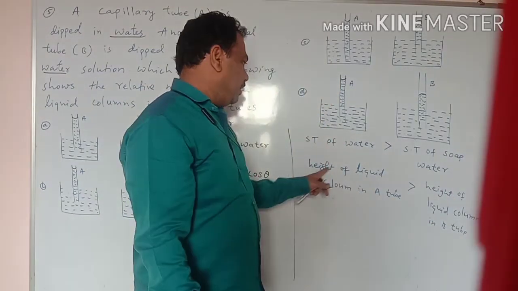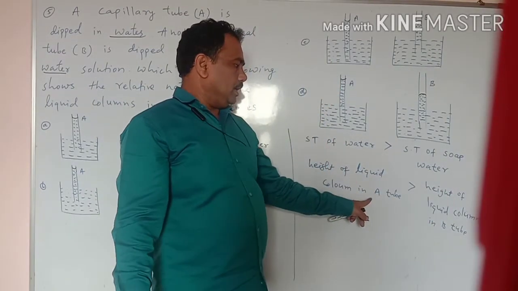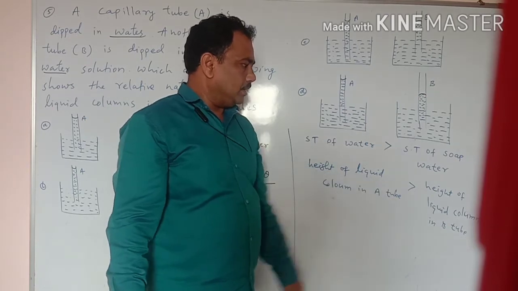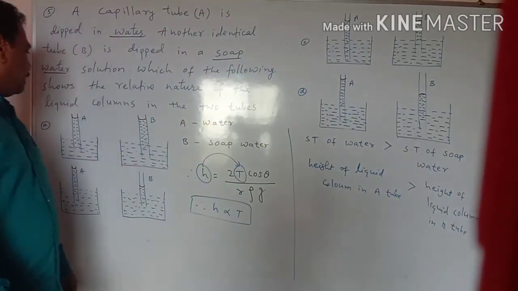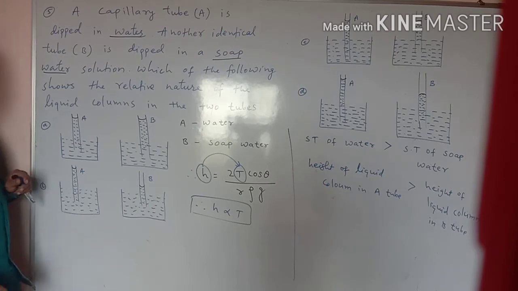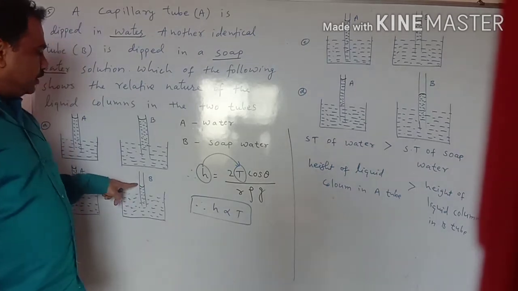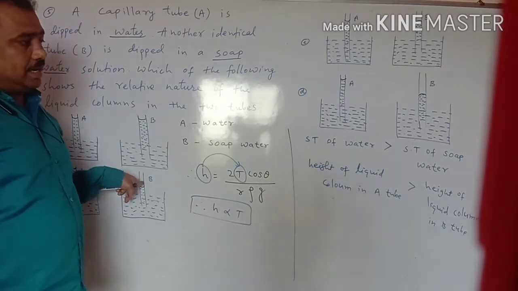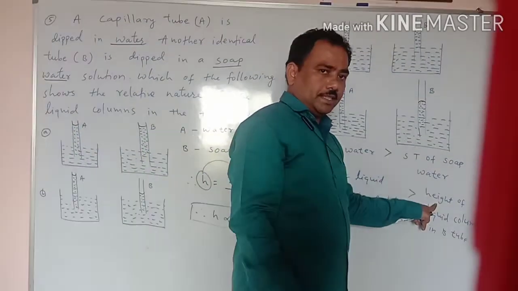So obviously the height of the liquid column in tube A is greater, and comparatively the height of the liquid column in B is less.